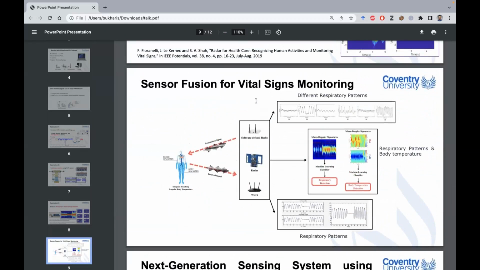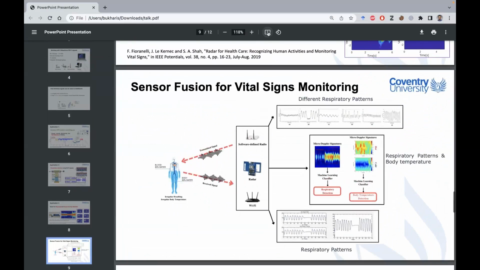Yes. So the third one, this is the ongoing PhD project we are working on. The third one is software-defined radio, because radar sensing and Wi-Fi sensing both come with good and bad. By Wi-Fi, by good I mean yes, it's low cost, it's ubiquitous, present everywhere. You do not need any dedicated device.